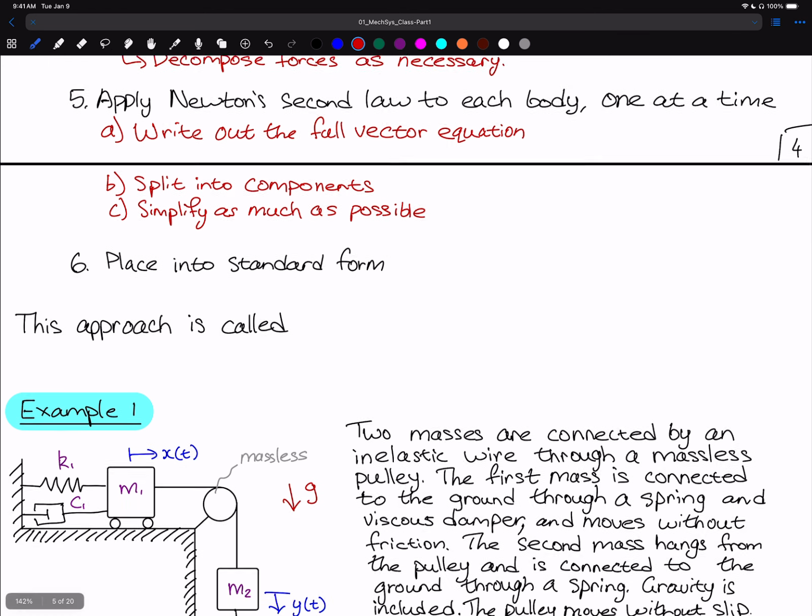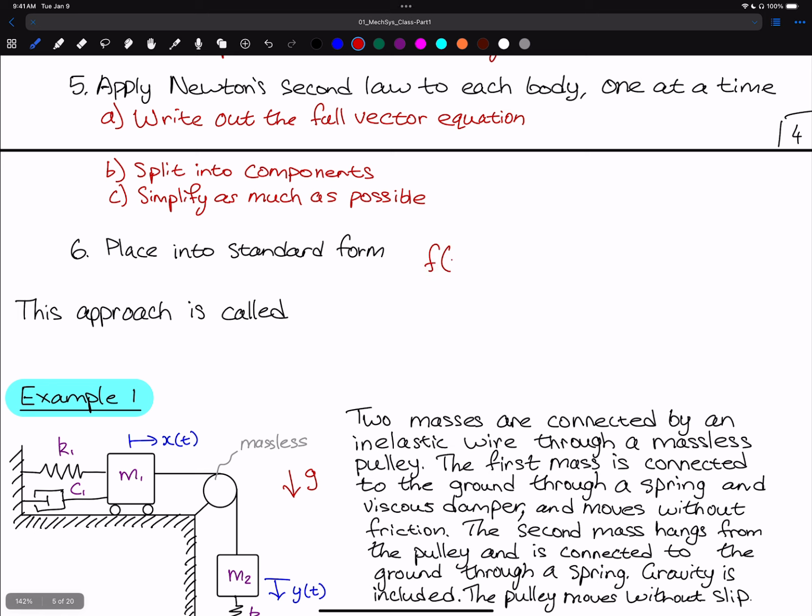And that standard form will be where we have some function of acceleration. In fact, let's write this in vector quantities. Some function of the position vector, velocity vector, and acceleration vector, and it could also be time dependent, will be equal to some function, let's say g of t.